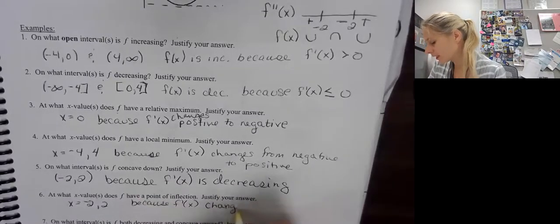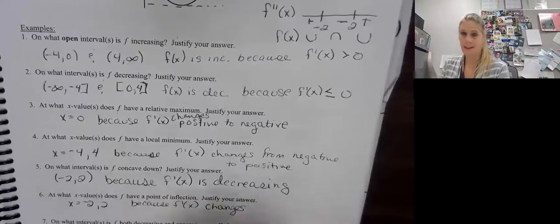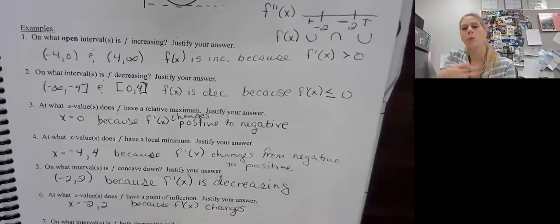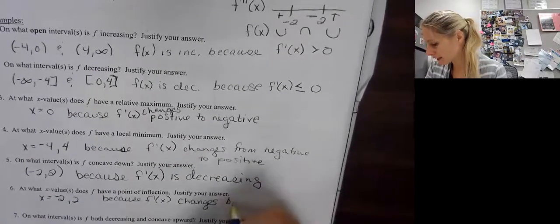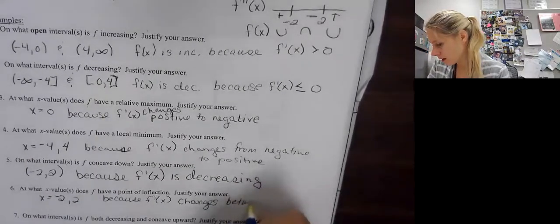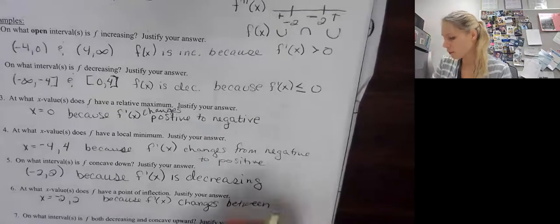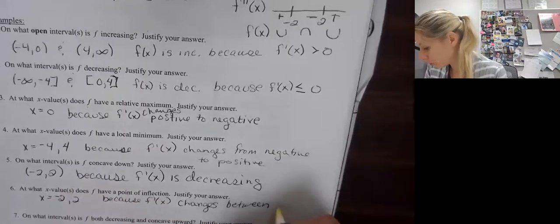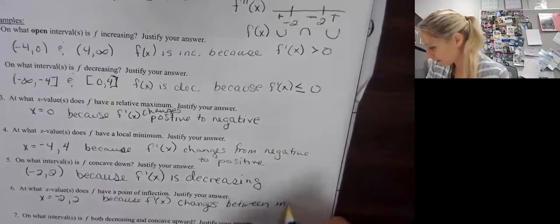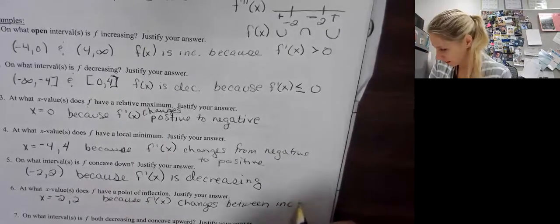Now, we're not going to say changes from this to this, because that means it's only one way and not the other, but changes between. And remember what we talked about up here? We talked about increasing, decreasing, between increasing and decreasing.